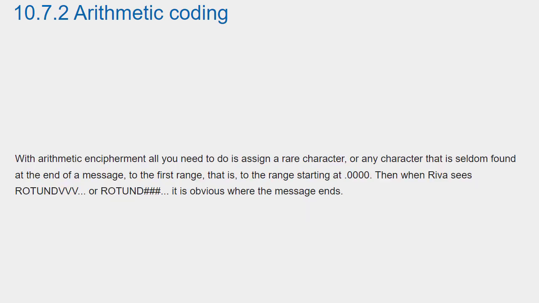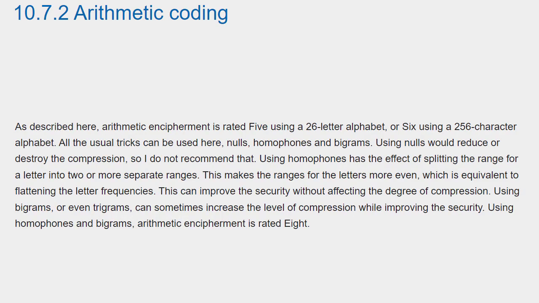With arithmetic encipherment, all you need to do is assign a rare character, or any character that is seldom found at the end of a message, to the first range, that is, to the range starting at 0.0000. Then when Reaver sees ROTUNDVVV or ROTUND###, it is obvious where the message ends.